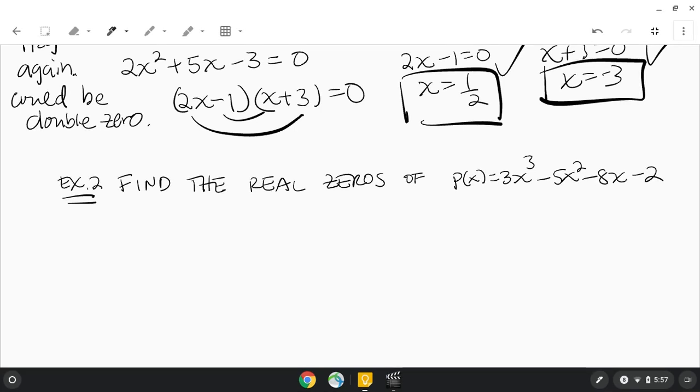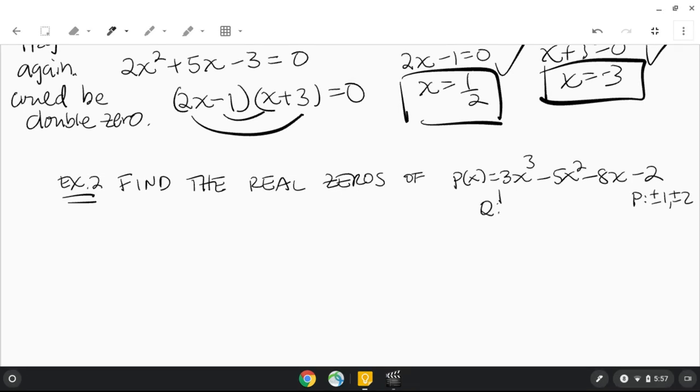Okay, so here my p-values are going to be plus or minus 1, plus or minus 2. Over here, my q-values are going to be plus or minus 1, plus or minus 3.